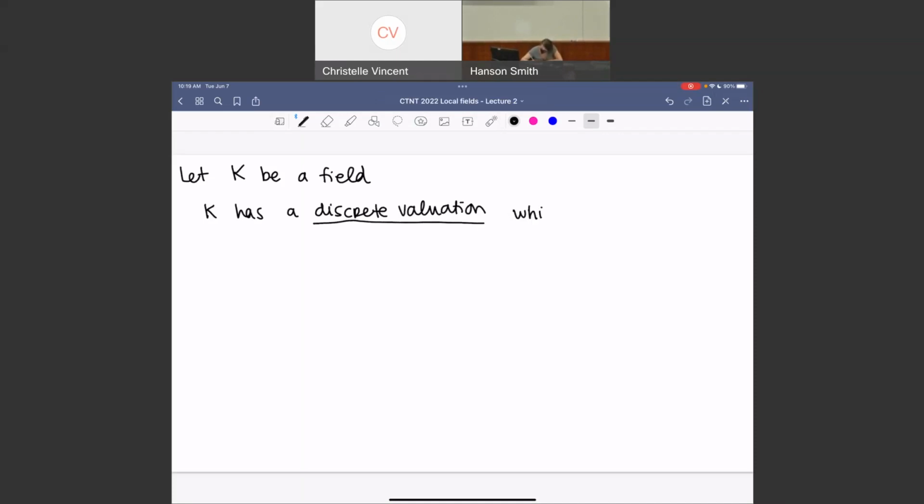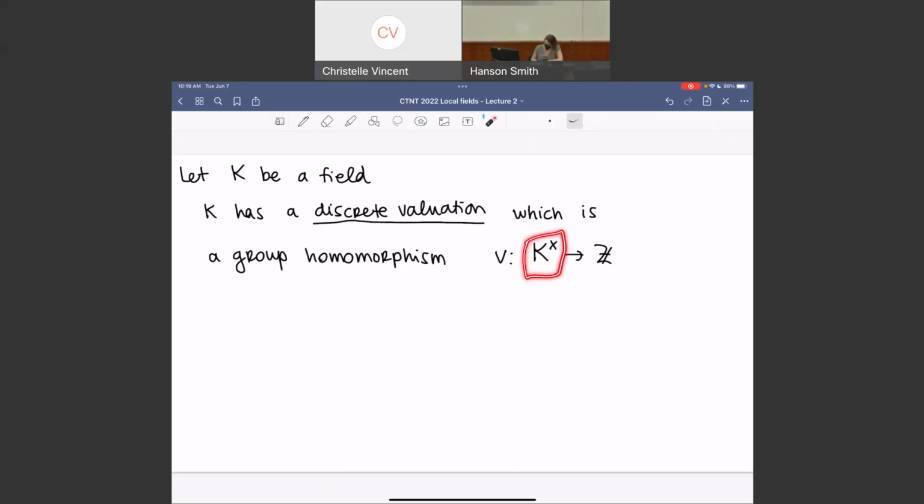But we assume that K has a discrete valuation, which is a group homomorphism v from K^× to Z. Okay, I want to point out that the group operation on K^×, so these are the units in K, since K is a field, it's everything except 0, right?